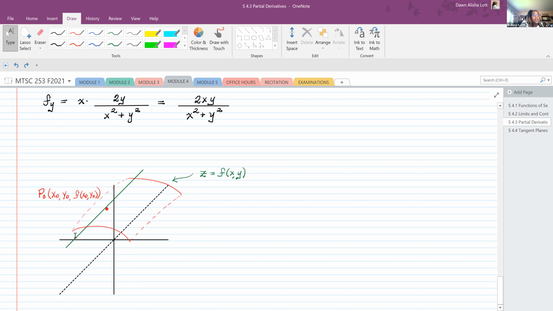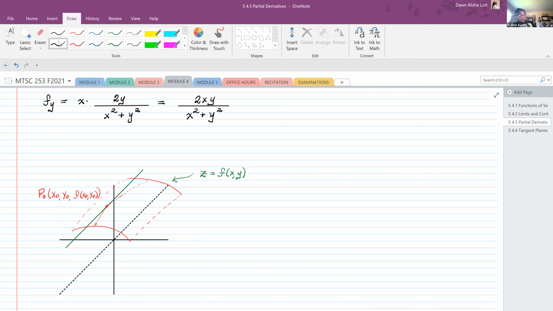I don't want all of that. I just want the line. Okay, now, as you can see, there's a tangent line to the curve for a fixed y naught.